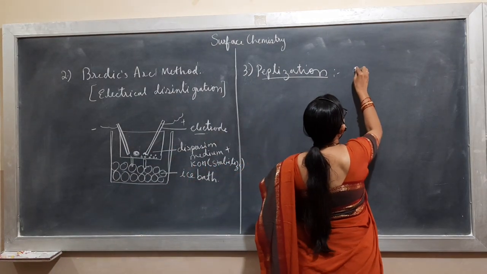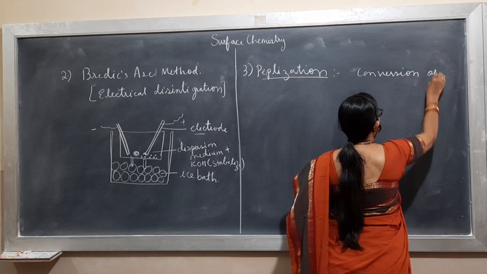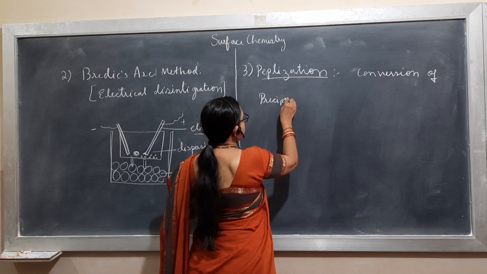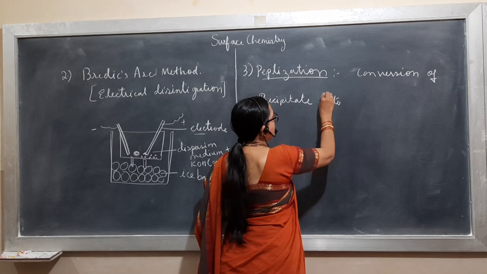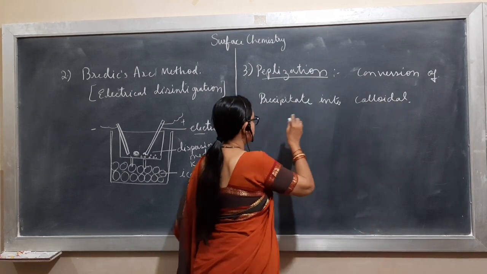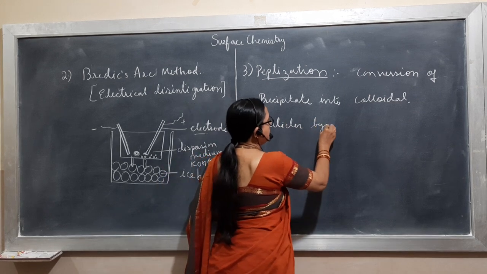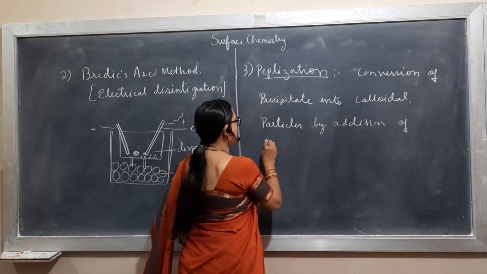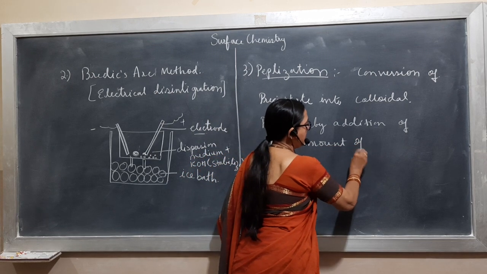Let us take it as the conversion of precipitate into colloidal particles by addition of a small amount of electrolyte.